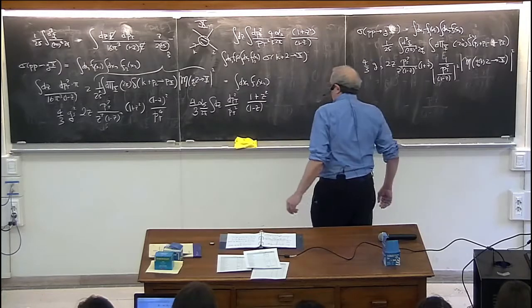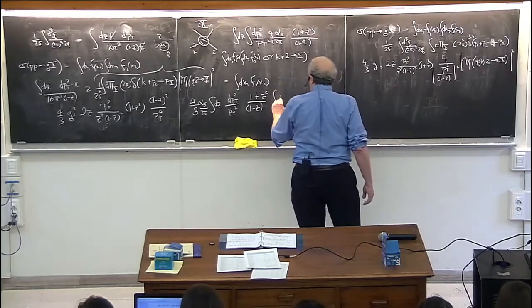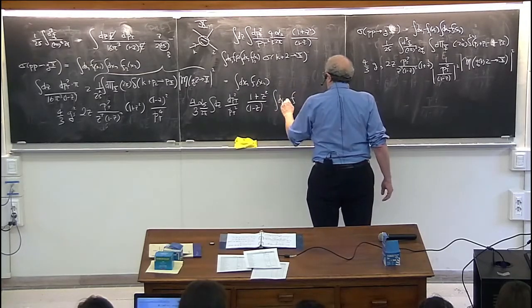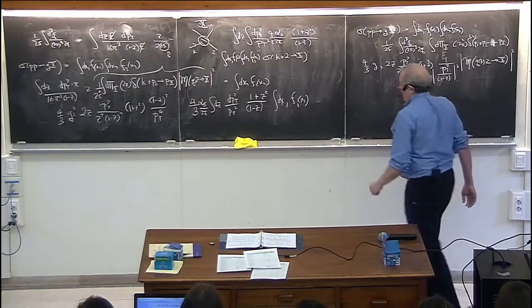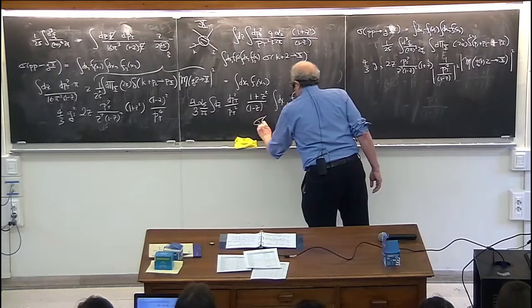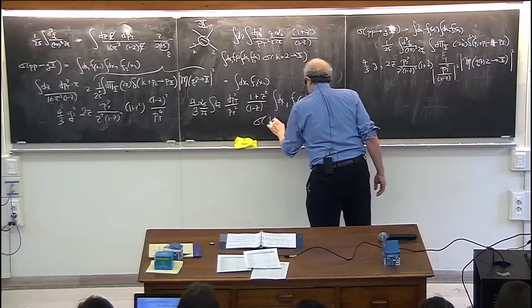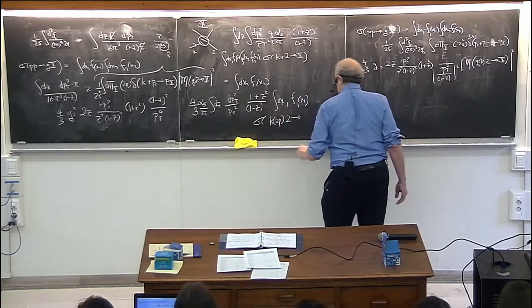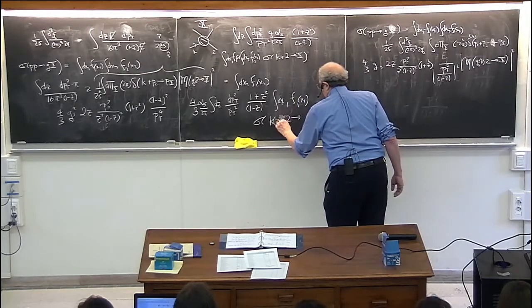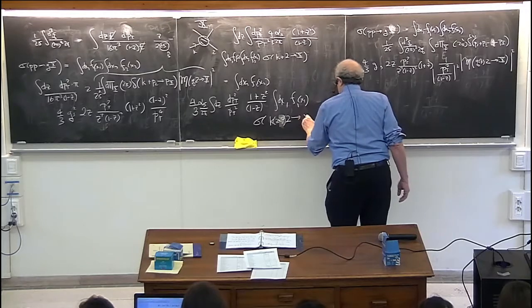And then the integral dx1 of f1 of x1. And then we have the hard cross-section. So this is xzp times 2 goes to x.